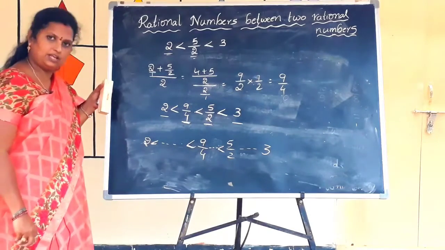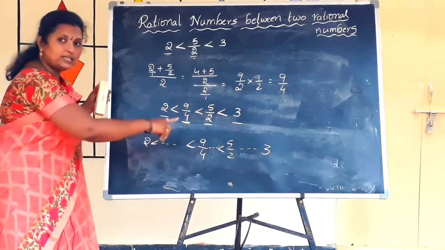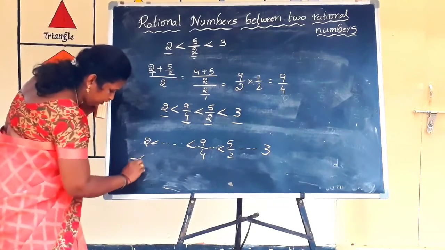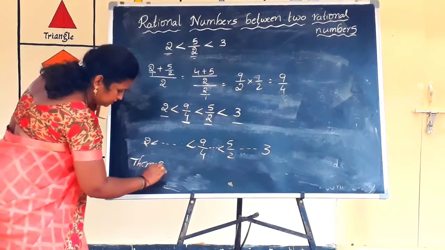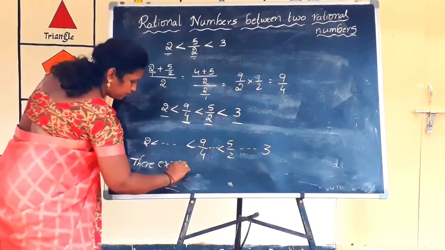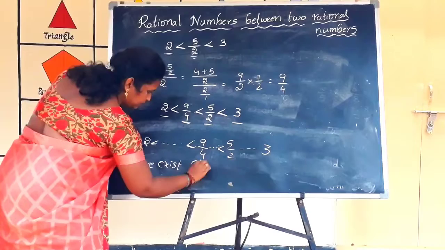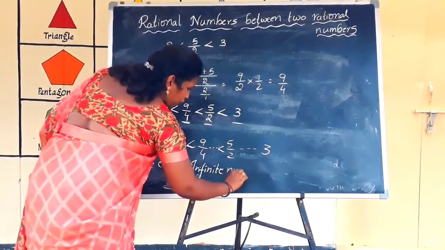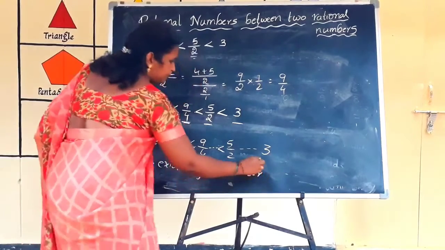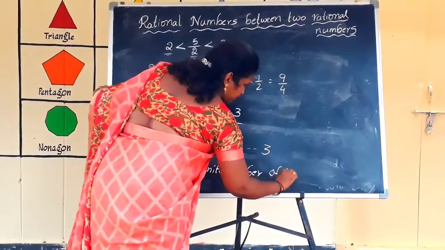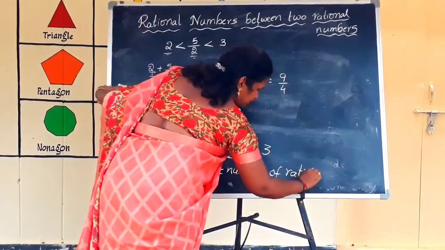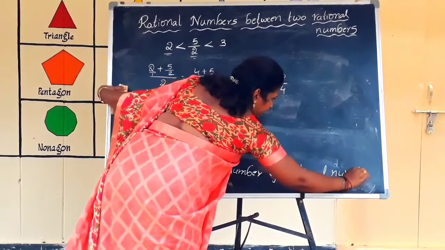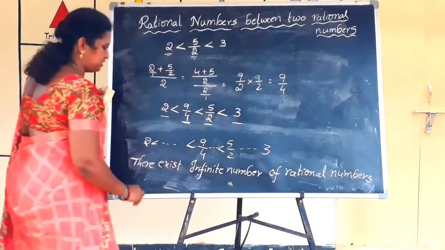Can you believe this? Yes, we can believe. There exist infinite number of rational numbers in between any two rational numbers.